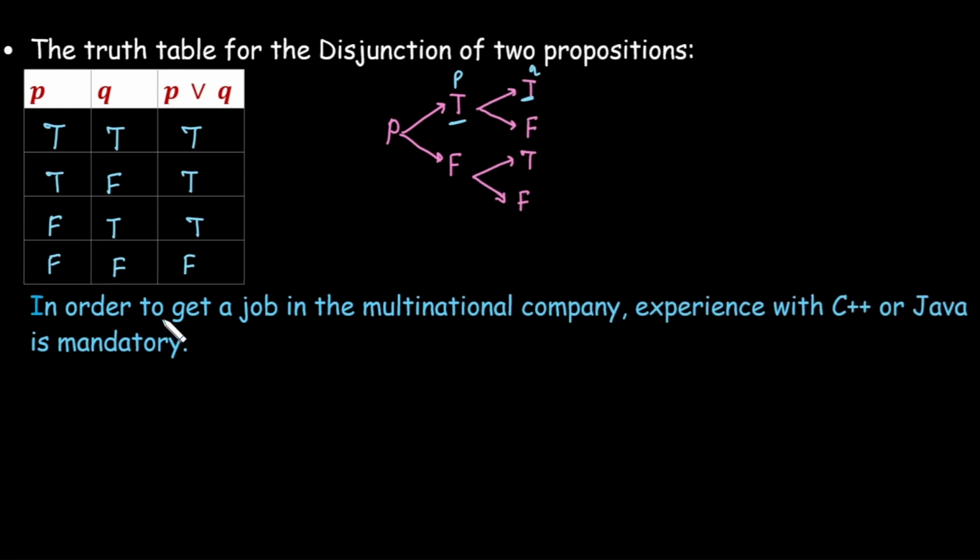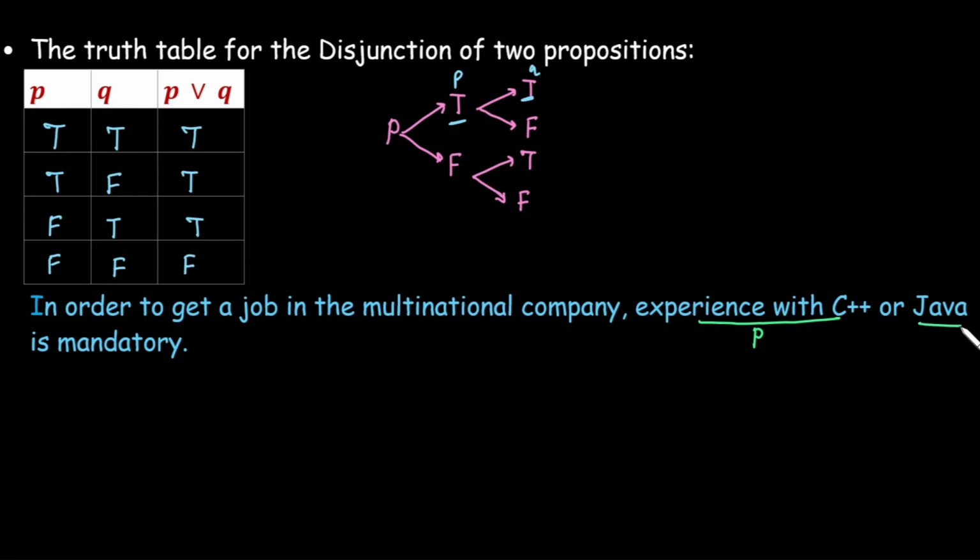Example is, in order to get a job in the multinational company, experience with C++ or Java is mandatory. So सबसे पहले आपको identify करना है कौन सी two propositions है P and Q. As per the statement, P proposition is if you have experience with C++.